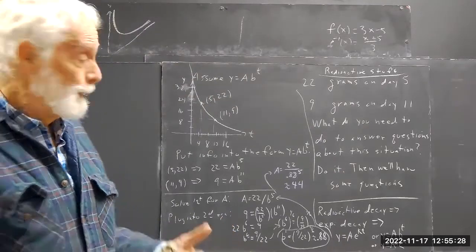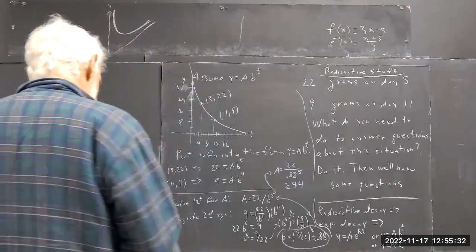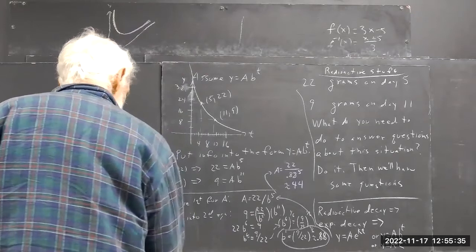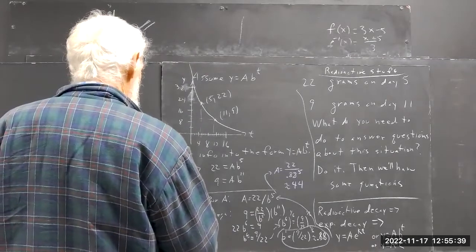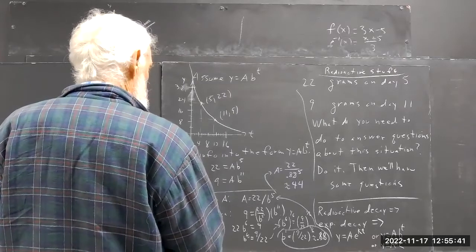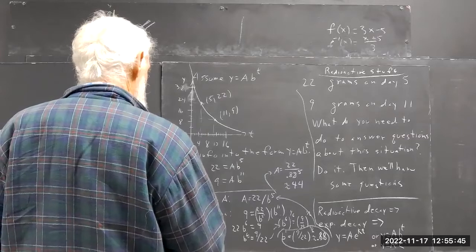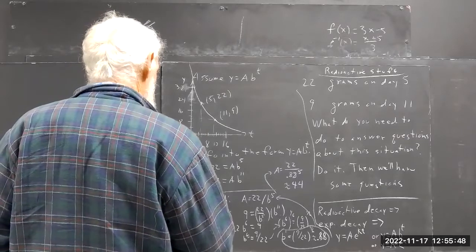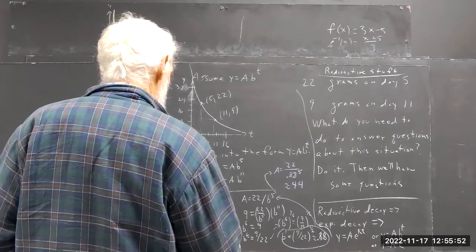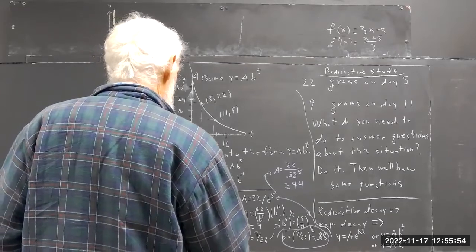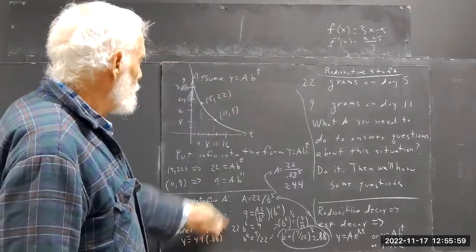Okay, so now our model is y equals 44, that's your a, times 0.88 to the t.